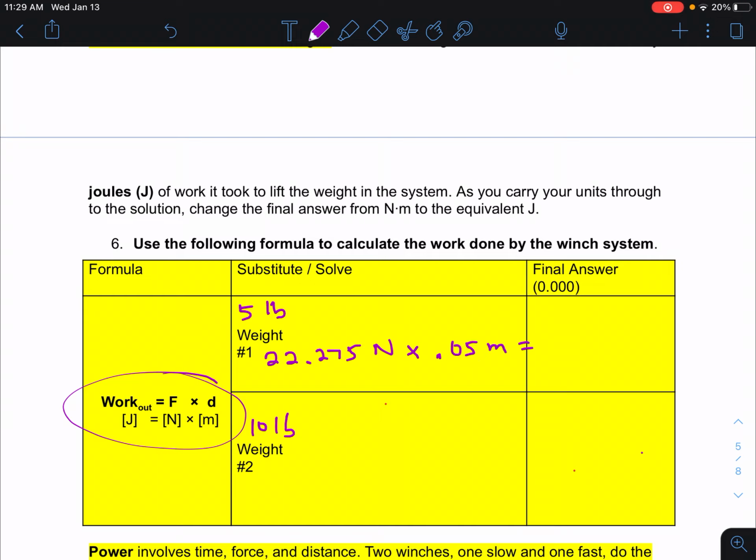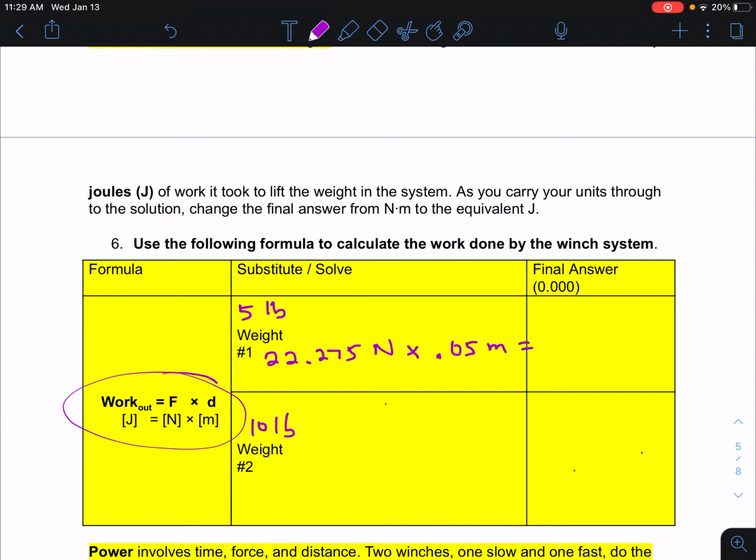Next, we're going to calculate the power out. Remember this lab, what we're doing is we are using a power source to turn a motor, which lifts a weight, and that is going to give us the amount of power that was used, which is the power in, and the power out is work divided by time. So that's mechanical power.